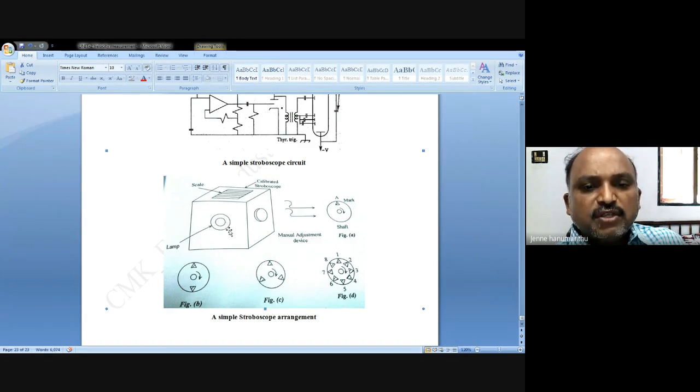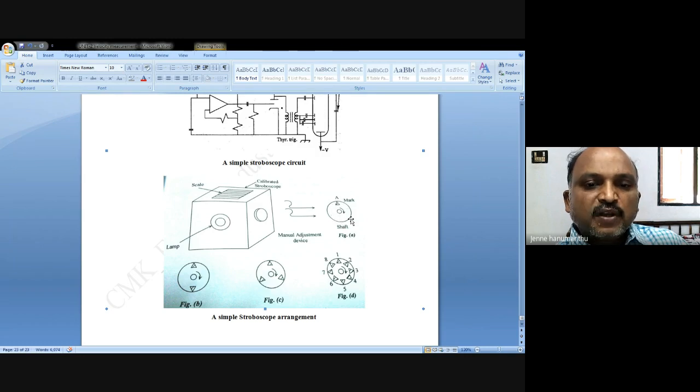The lamp will give some flashes, and through this the light will come out. And here, what is this? This is called the shaft. The shaft has some rotational or angular displacement, some speed. So it is rotating like this, clockwise.